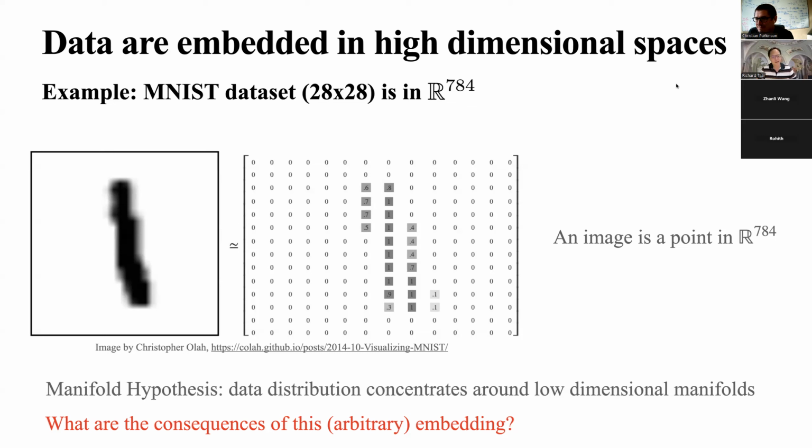There's a related idea called the manifold hypothesis. It states that if you look at distributions of, say, natural images or the common images that you may encounter, embedded in this way, their distribution roughly concentrates on lower dimensional manifolds, a submanifold embedded in this high dimensional space.